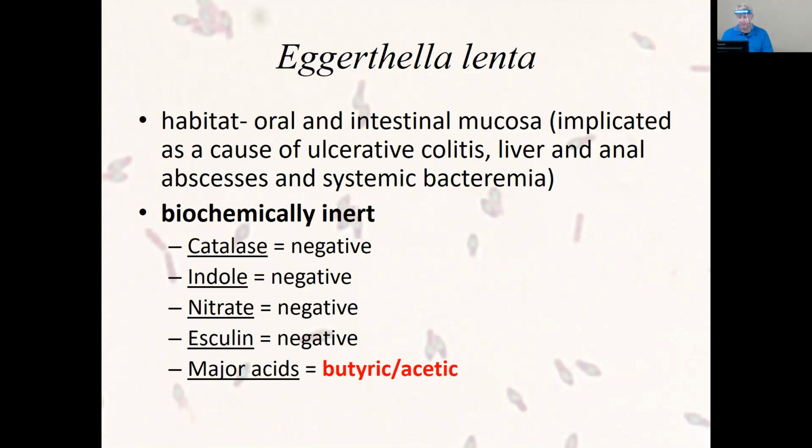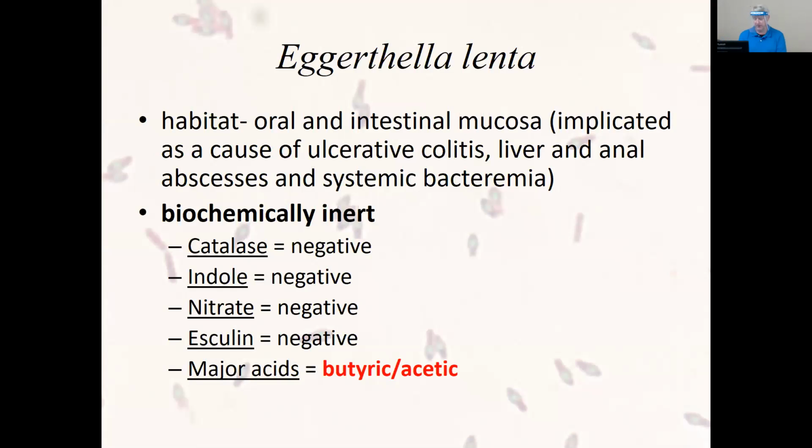Habitat, oral and intestinal mucosa. Implicated in the cause of ulcerative colitis, liver and anal abscesses, and systemic bacteremia. Eggerthella lenta, remember, is a gram-positive rod, non-spore-forming. Biochemically inert. Who else is biochemically inert? Shigella. Yes, but Shigella is not an anaerobe, so we would definitely connect this one with a biochemically inert anaerobe.